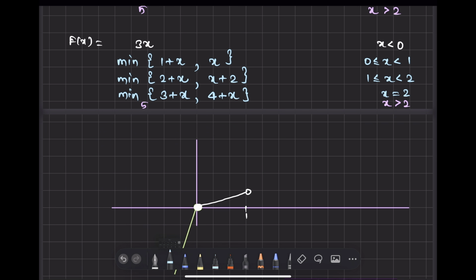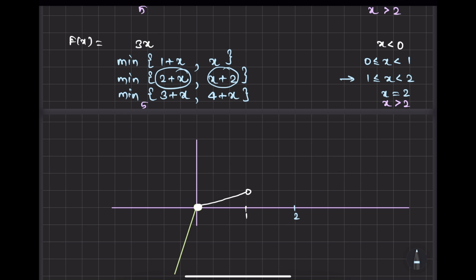Now from 1 to 2 we have considered this. Suppose it is 2. Now again a straight line, again a straight line. So if x is 1, it will become 3, it will become 3. Both are the same. So you can go with any one function. So x is 1, so it will become 3. Okay. Now x is 2, so it will become 4. So this is your 4. Okay.